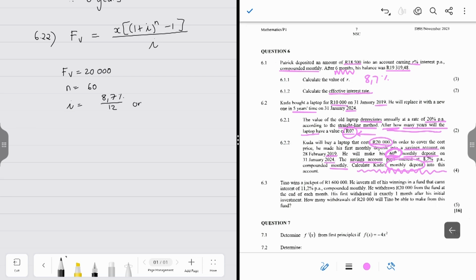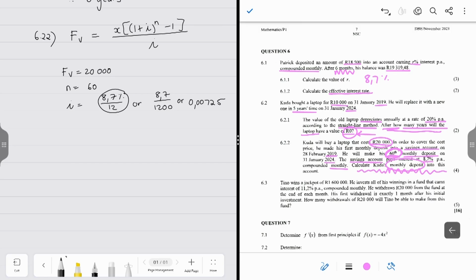Remember, there are many ways you can write this. 8.7 over 1,200. Or you can write it as a decimal as well. I'm just going to show you all the ways we can write this because it does help us out. If you have it written like this, you are right. You can write it in these ways. So I'm going to use this one.